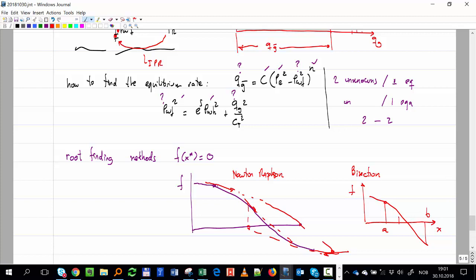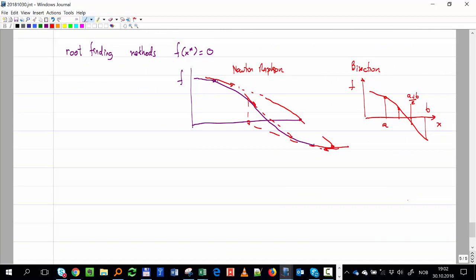Let's say that the average is here, A plus B divided by 2. You say there is a change of sign, this will be now my new A and B. I make another average, then this will be my A and B, and I go closer and closer. Bisection or Newton-Raphson. So we are going to do the same, but you don't have to worry about remembering how it is done. We're going to leave that to the machine.